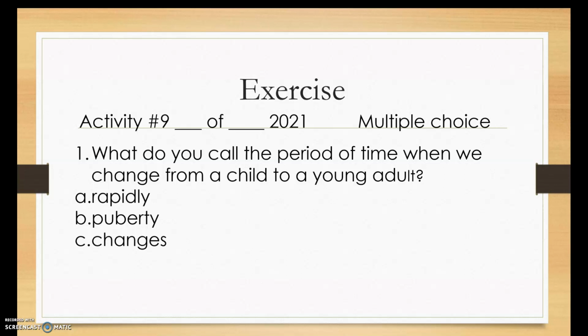Write the correct letter. Okay, number 1. What do you call the period of time when we change from a child to a young adult? A. Rapidly. B. Puberty. Or C. Changes.